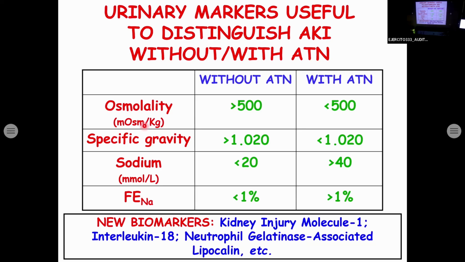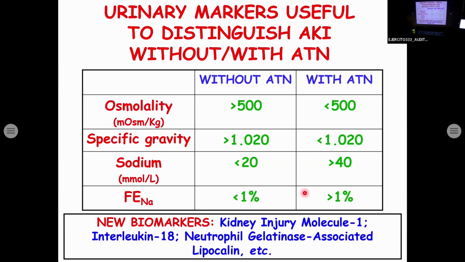Specific gravity, more than 1.020 without, less than 1.020 with tubular necrosis. Sodium excretion, less than 20 millimole per liter, no ATN, more than 40, yes ATN. Fractional excretion of sodium, less than 1%, no ATN, more than 1% or 2%, yes ATN.